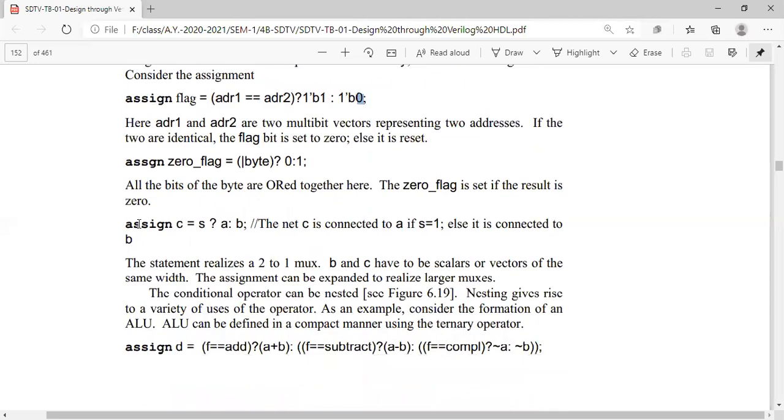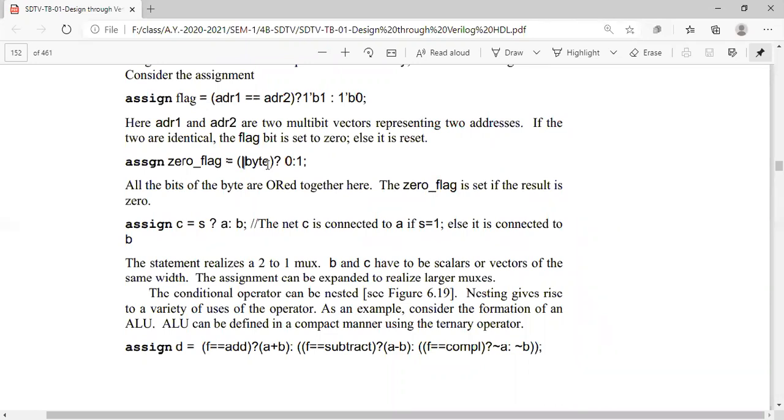Next, we can also have the zero flag. If we have a byte, that means 8 bits, all of them are ORed, and after that the result goes to the zero flag. That means there will be an OR operation between a of 0 and a of 1, and we get one result.